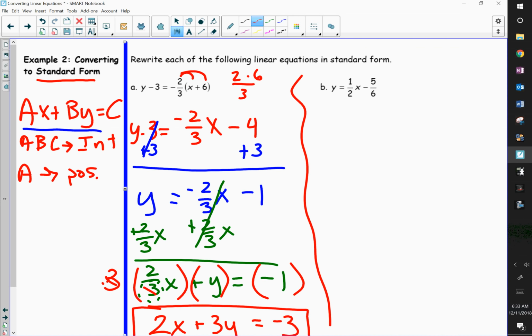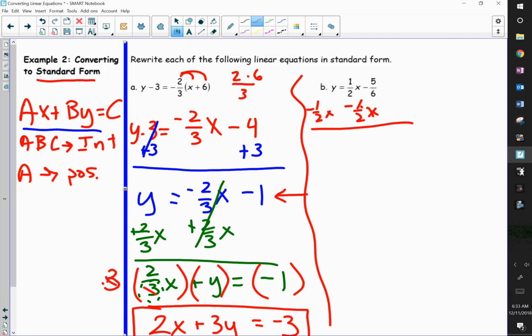Okay, that equation was the hardest of the two. The second example, it's written in slope-intercept, which is this step right here. So in the second part, I just have to get everything on the left and then make sure they're integers. So to start this equation, I'm going to move this 1/2 x over to the left-hand side by subtracting 1/2 x from both sides.